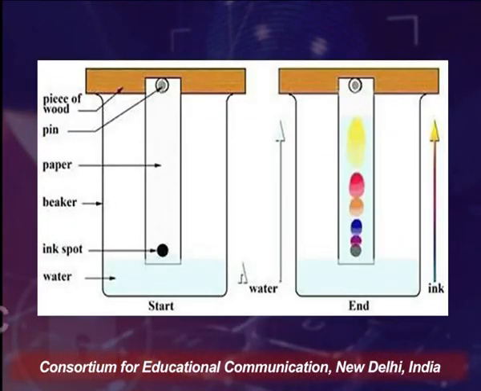As you can see in the image, we have started with the ink spot on the stationary phase where we have put the ink, and the water present inside the beaker works as a mobile phase, and the components of ink are beautifully distributed evenly on the stationary phase, depicting the various components or the pigments which are present to form the ink.